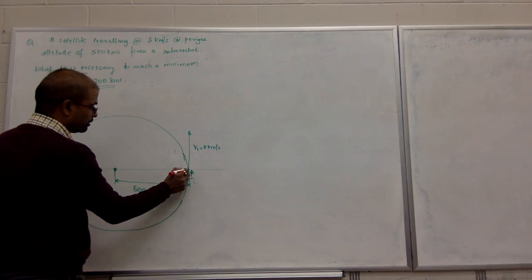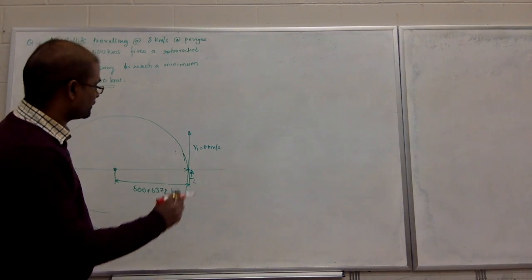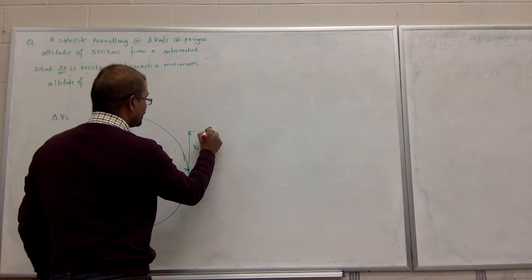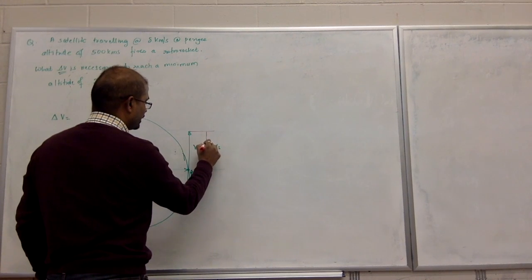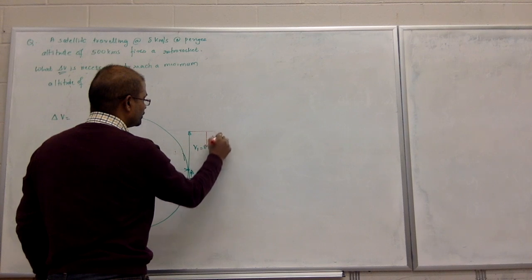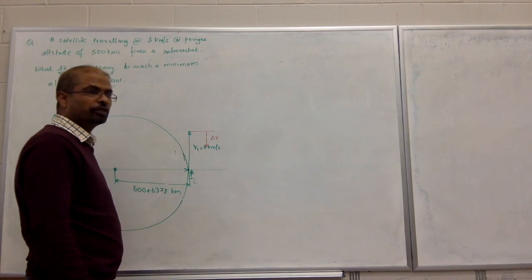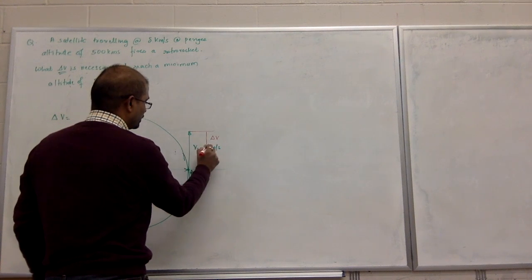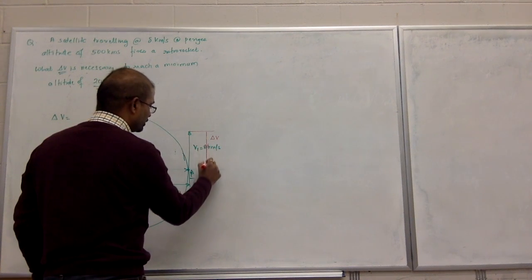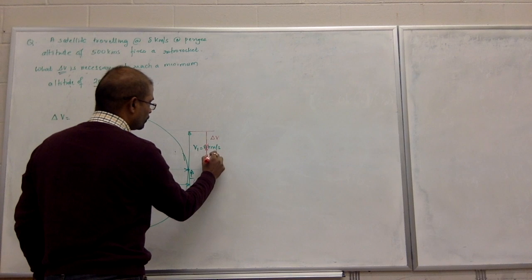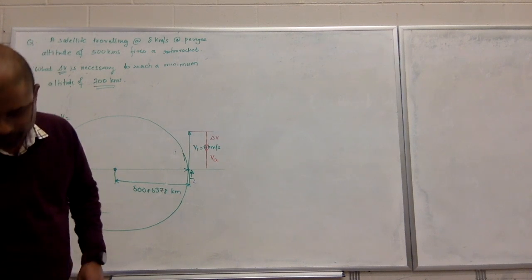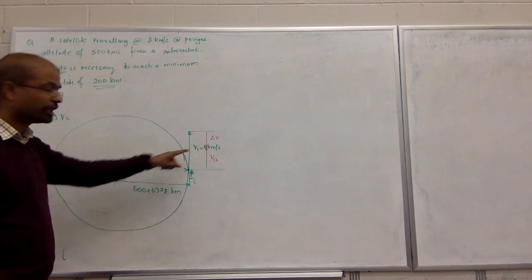Now what you do is decrease the velocity by a certain delta V. Then the velocity will be V A. Think why? Because you are decreasing.